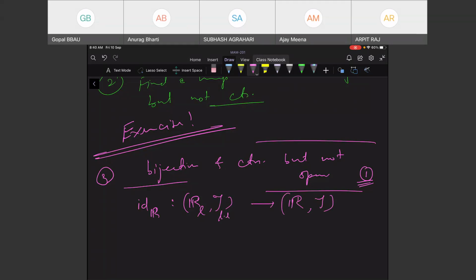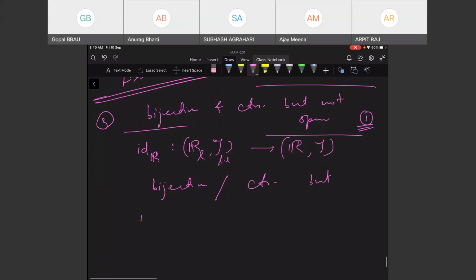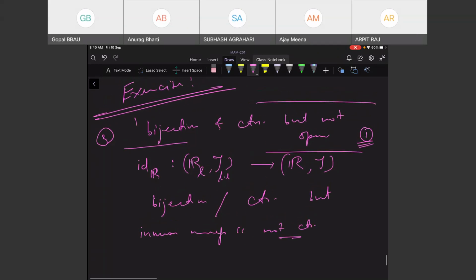This function is bijective, and I think you must remember this. It is continuous, but the inverse map is not continuous. So this is an example of a bijective, continuous, but not open map.